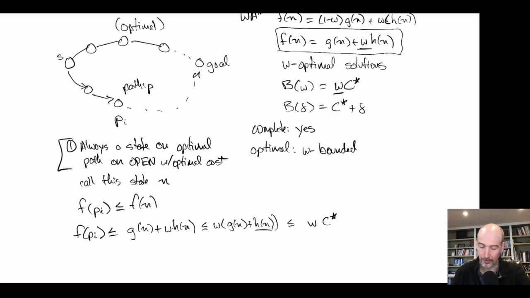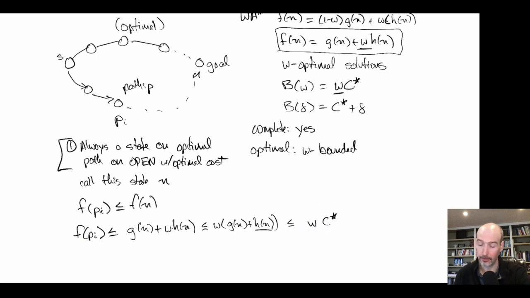So this just tells me that the F cost of each state P of I, in order to expand this path, must be less than W times C star, the optimal solution. So this tells me that for every state, in order to have expanded some path to the goal that is not the optimal path, the F cost of every node here must be less than W times C star.